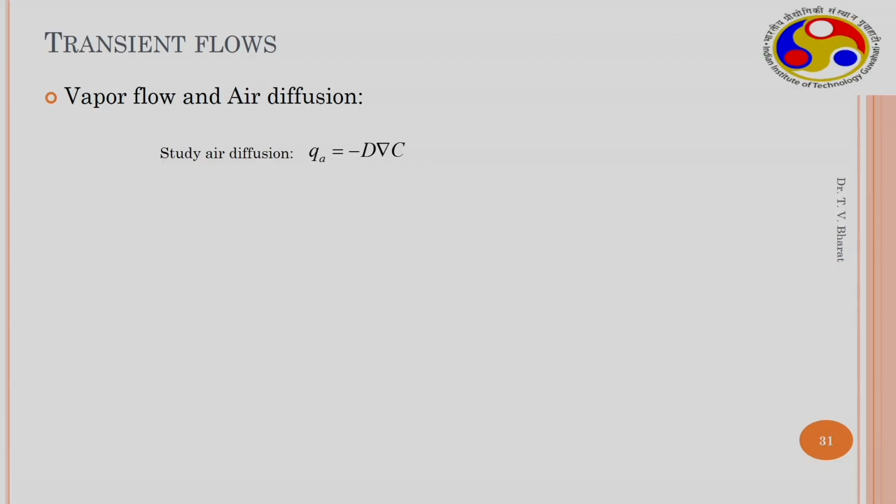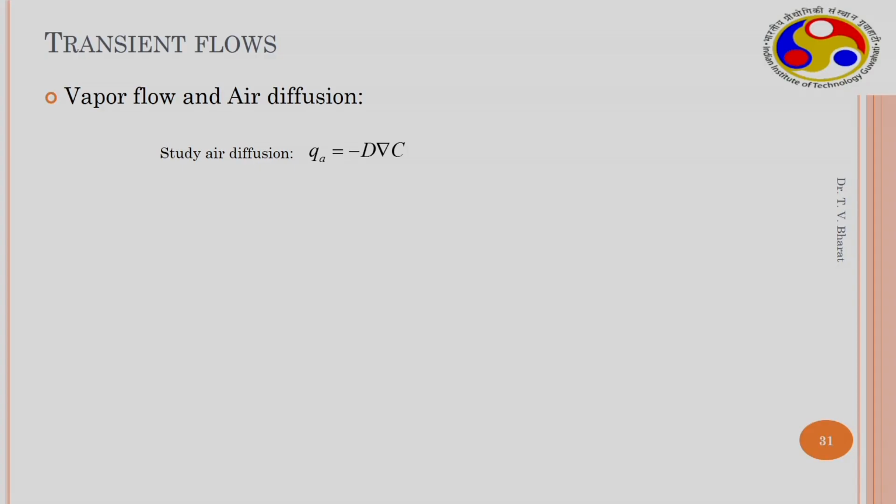Similarly, often we see that the air gets dissolved in water when you apply very high pressures. This dissolution takes place, which we have discussed in the beginning of the course. When the dissolution takes place, the air which is dissolved in water also travels from higher pressure to lower pressure. So, that is a diffusion that takes place within the water, and that is expressed again by Fick's law.